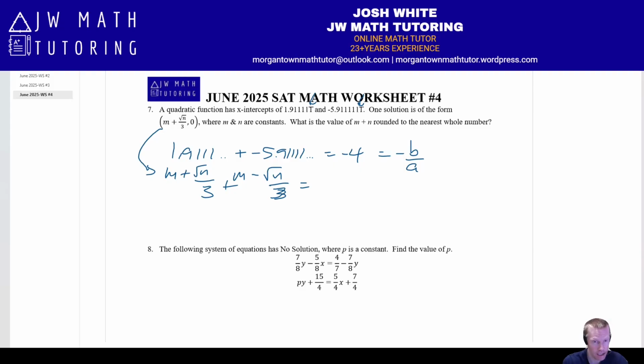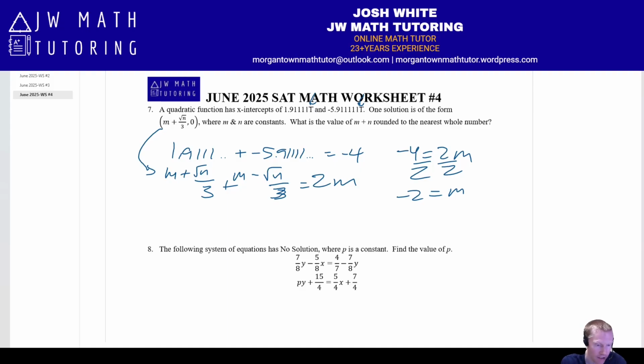You have to add these two parts together too. So when you add the solutions in this form, you get 2m. When you add the numerical values, you get negative 4. Those are the things that you set equal to each other to solve for m. It's not the negative b over a thing. We're not using that here. So m is equal to negative 2.